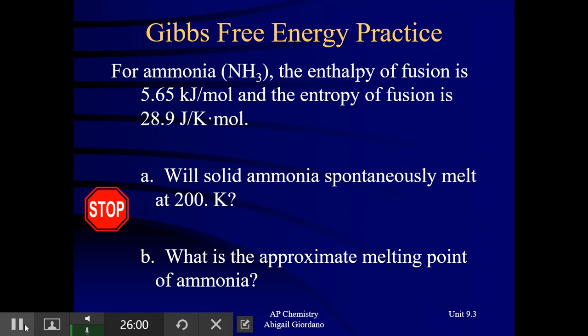Now this first question asks, at the top of the slide, you're given the enthalpy, which is delta H of fusion, and you're given the entropy, the delta S of fusion. And the first question says, will solid ammonia spontaneously melt at 200 K?